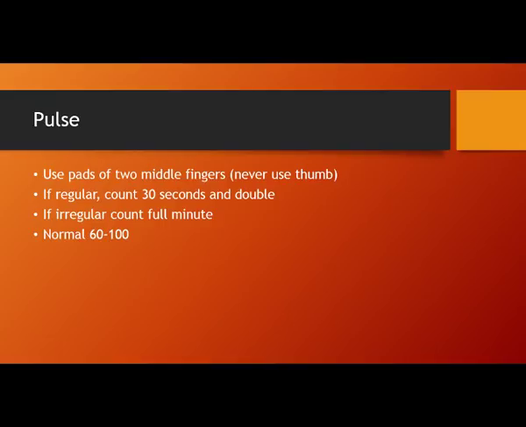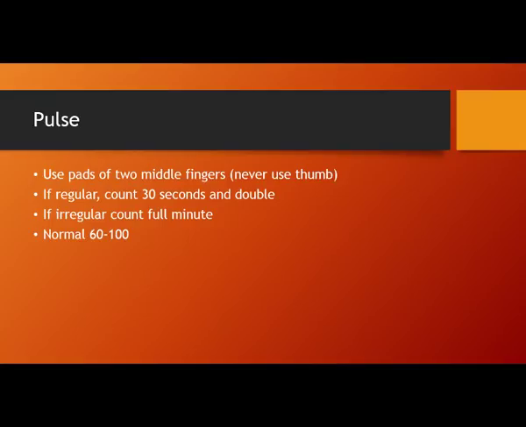So use the pads of the two middle fingers to do that pulse check. If the pulse is regular, you only need to go 30 seconds and then you can double it. But if it's irregular, then go for a full minute.